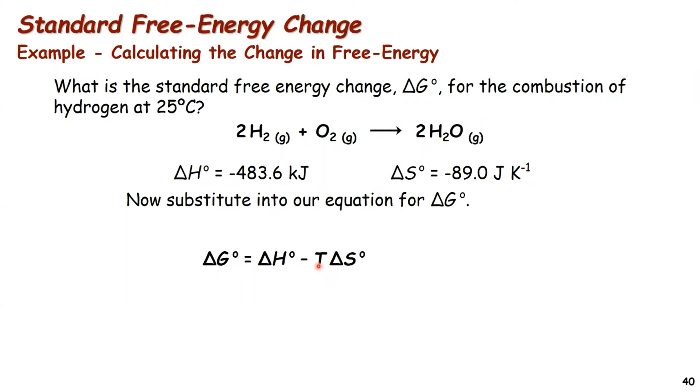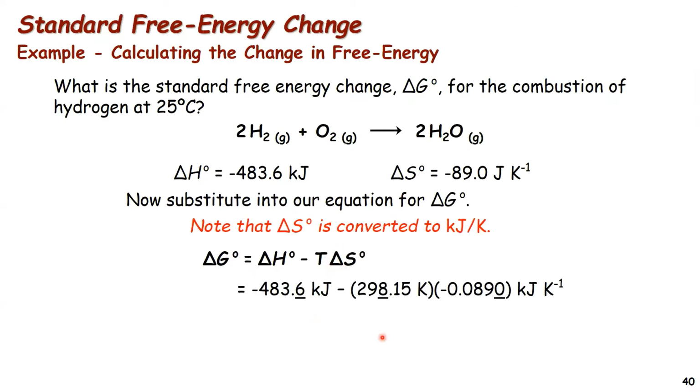So right now the temperature is in Kelvin, but this is in joules per Kelvin. We're going to need to change the joules to kilojoules by simply dividing by 1,000. Okay, so we divided this by 1,000, which gave us negative 0.0890 kilojoules per Kelvin.